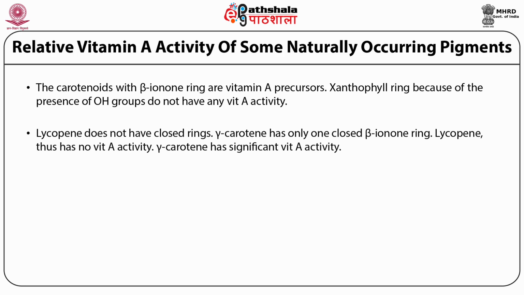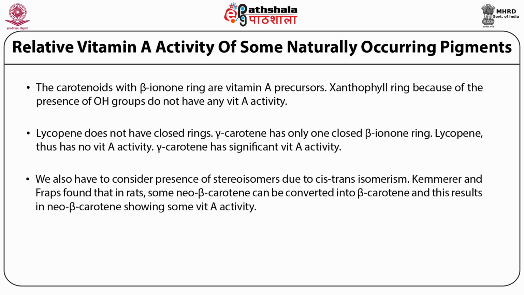Lycopene does not have closed rings. Gamma carotene has only one closed beta-ionone ring. Lycopene thus has no vitamin A activity. Gamma carotene has significant vitamin A activity. We also have to consider presence of stereoisomers due to cis-trans isomerism.